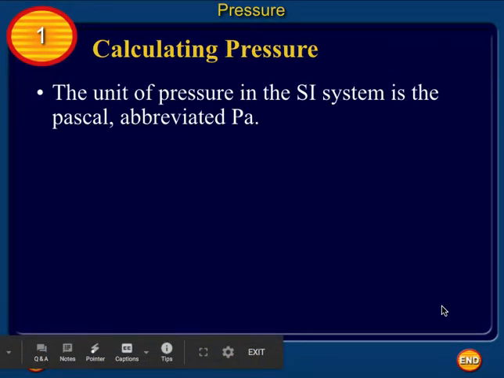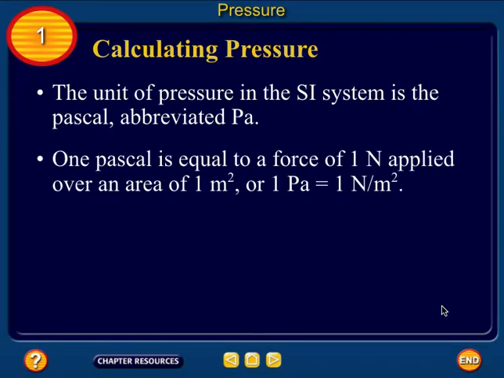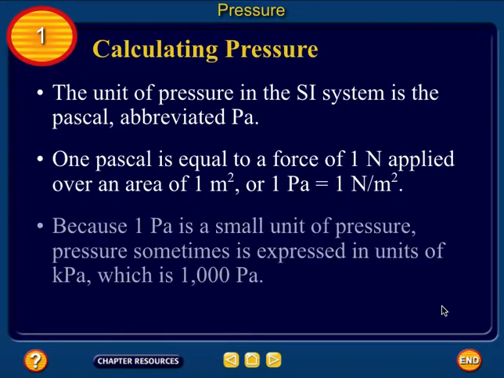The unit of pressure in the SI system is the pascal, which is abbreviated Pa. 1 pascal is equal to the force of 1 newton applied over an area of 1 meter squared, or 1 square meter. So take your meter stick and make a square with it. That's the area over which 1 newton is applied, which gives you the unit of measurement for pressure.